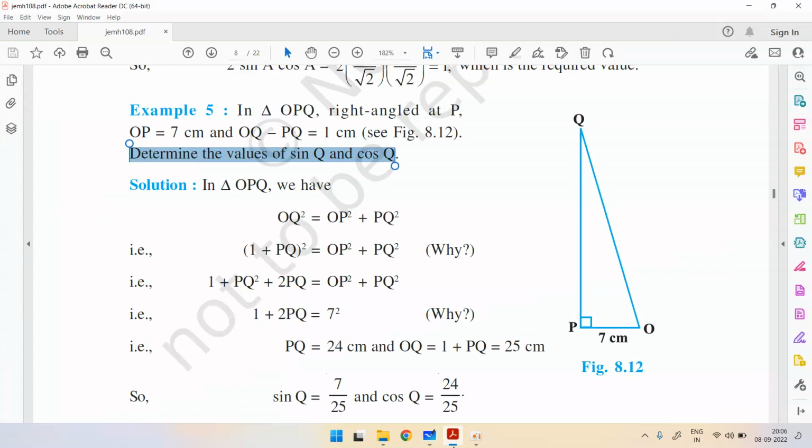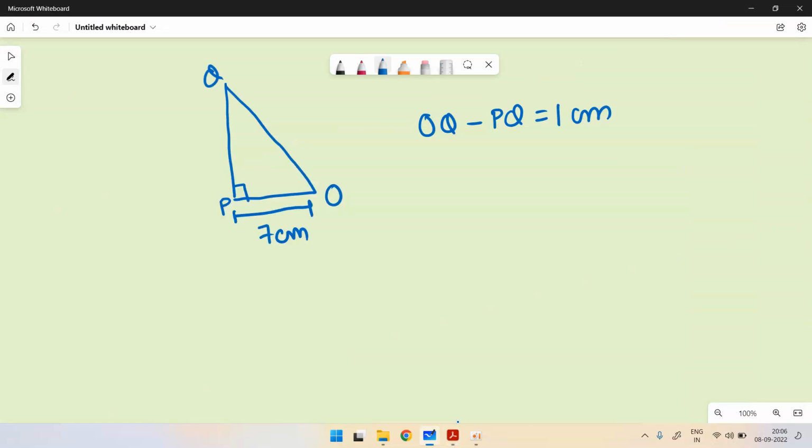So what you need to find is sine Q and cos Q. Remember, OQ will always be greater than OP, since the hypotenuse is greater than any side. This is proved from here also, that OQ minus PQ is 1 centimeter, so OQ is greater. Since this is given, you need to go from this only.